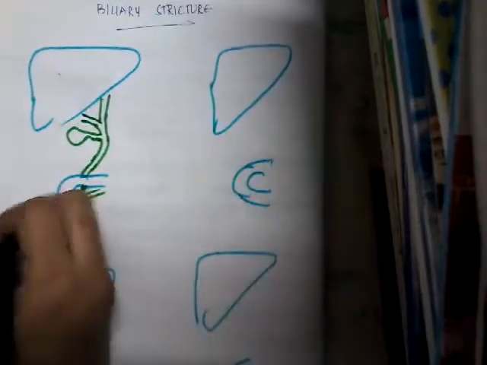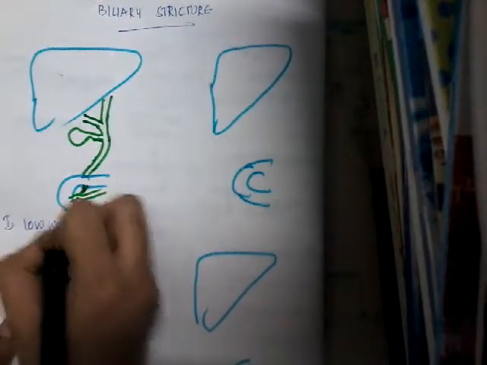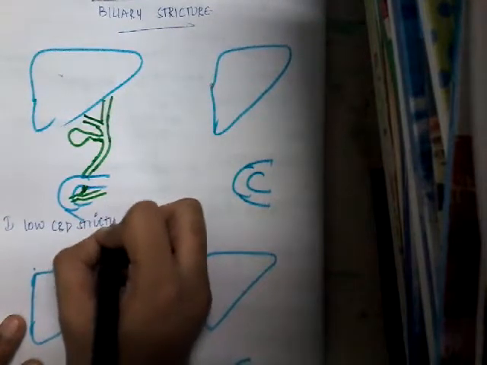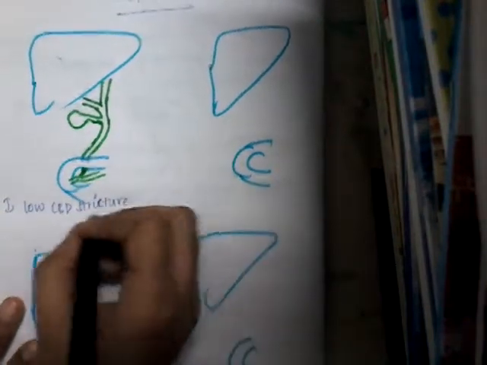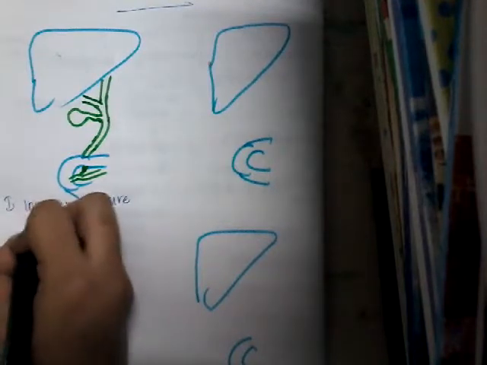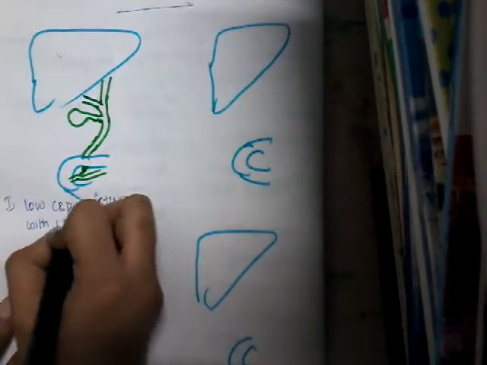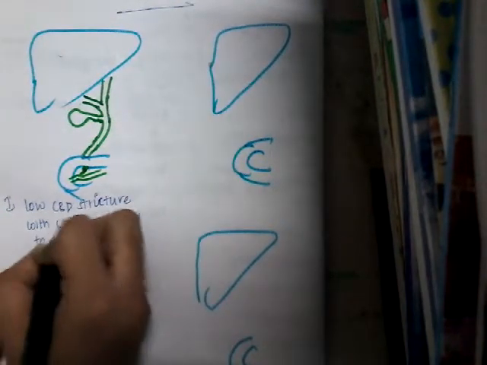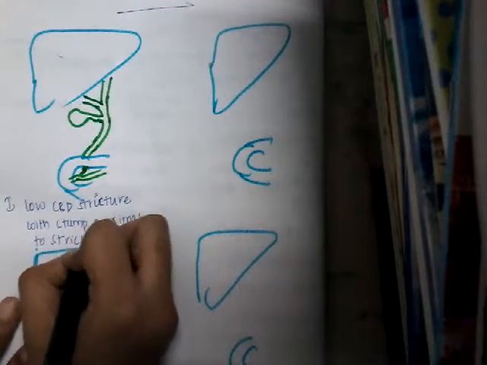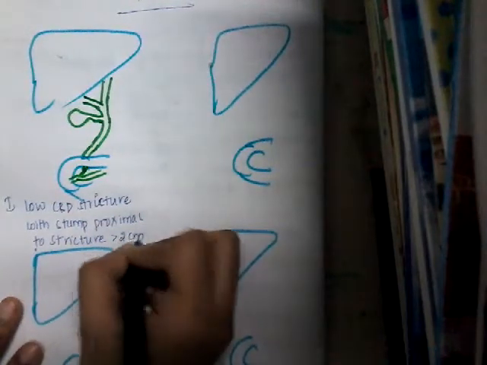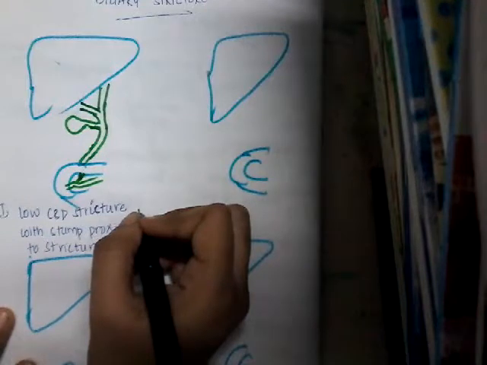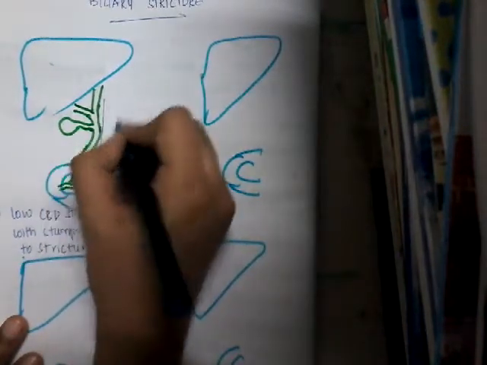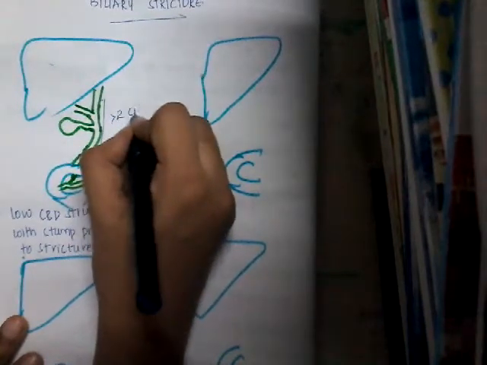This is type 1, low common bile duct stricture, with the stump proximal to the stricture being more than 2 centimeters. So this stump which is proximal to the stricture should be more than 2 centimeters.